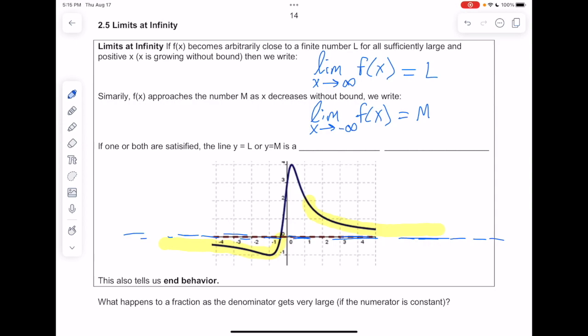So if one or the other is satisfied, and what are we talking about, one or the other? If the limit as x approaches infinity is settling down to a number, or if the limit as x approaches negative infinity is settling down to a number, if either of those is satisfied, then y equals L or y equals m is a horizontal asymptote for the graph.